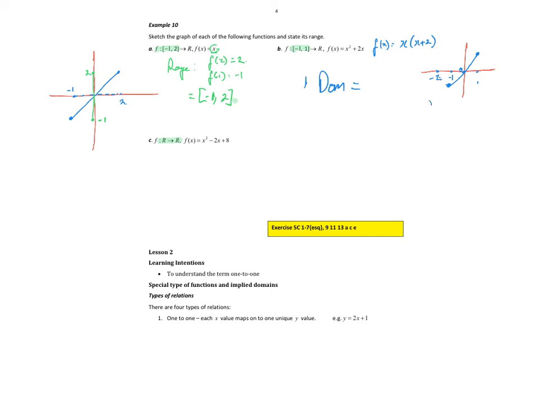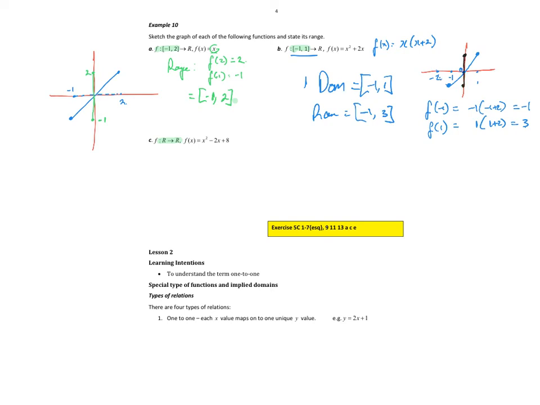If I put x equal to -1, I get -1 times -1 plus 2, which is equal to -1. And if I work out the function at 1, I get 1 times 1 plus 2, which is equal to 3. So my domain is from -1 to 1. My range is equal to -1 to 3. Yeah? Just don't forget that's the range of values.